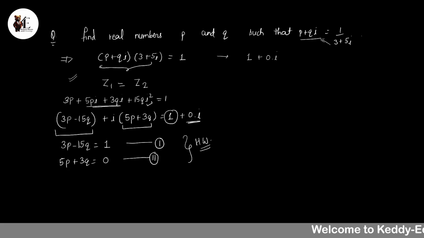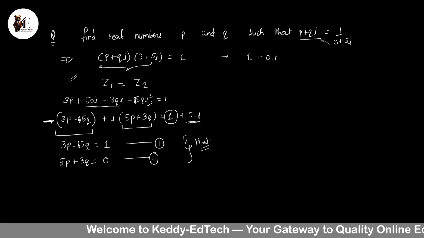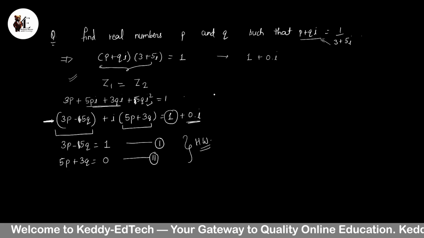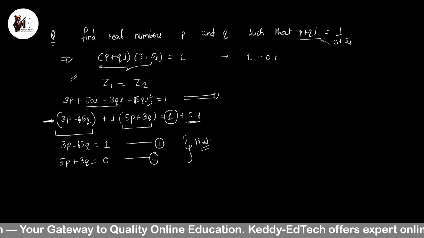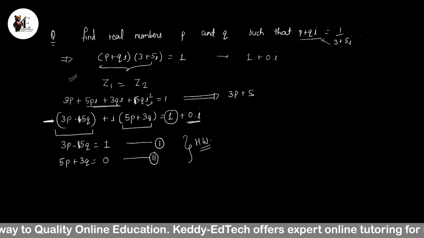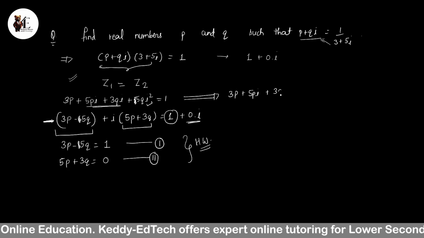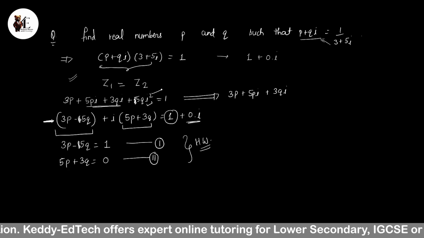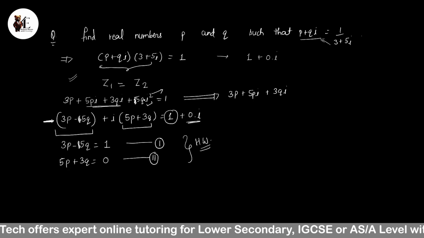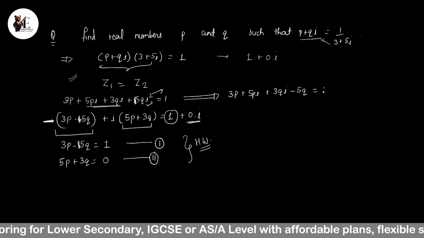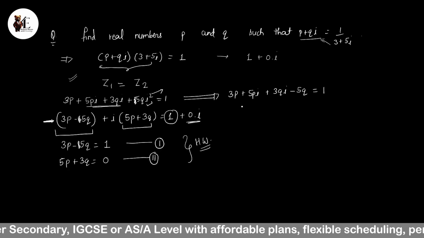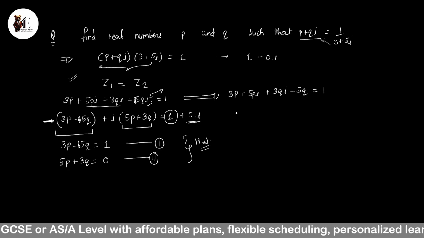In the first step itself, when you expanded, where did you get 15Qi squared? This step. Yes. Okay. So 3P plus 5Pi plus 3Qi, and the value of i squared will be -1. So -1 multiplied by 15Q will be -15Q, equal to 1. Now we have to pick the real terms and the imaginary terms.